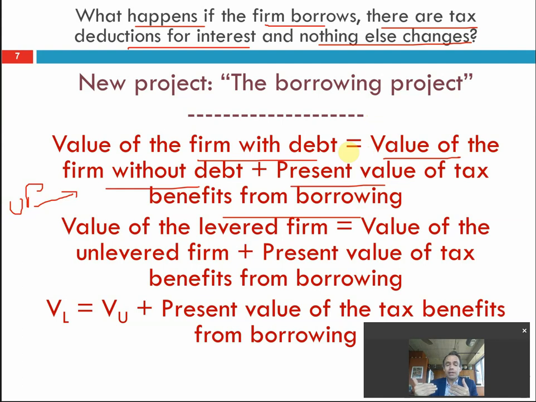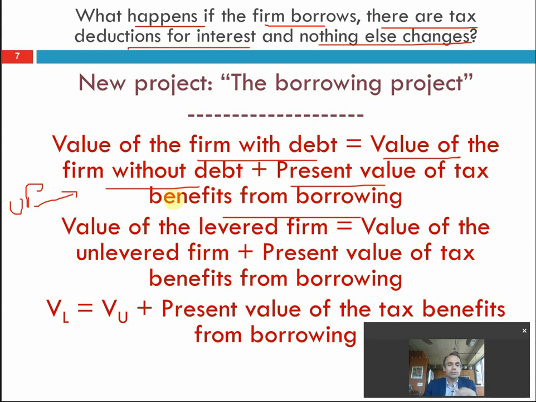Then we're going to take that money and either do a share buyback or pay a special dividend. And then after that, we're going to pay back that loan. The extra cash flows that we're going to get from this project is going to be the present value of the tax benefits that we're going to get from borrowing. So we're going to see that operationally, all the cash flows in our definition are the same, but for the fact that we are going to get a tax break by the tax deduction of interest payments.